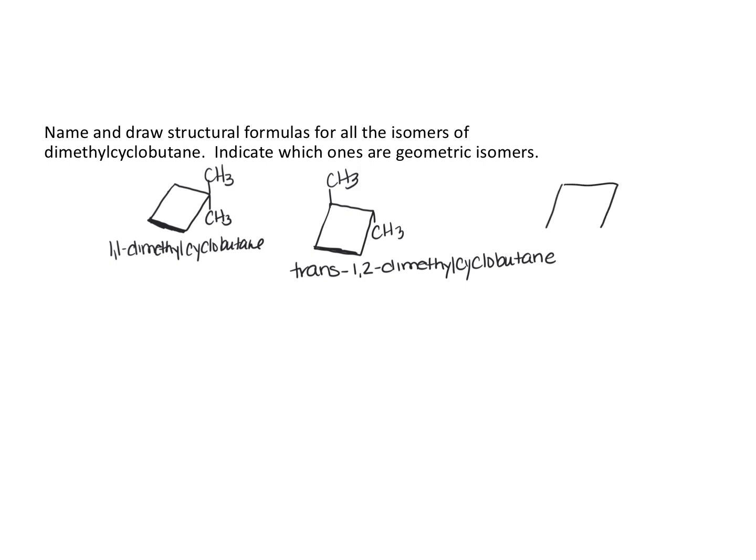So for example, if we come here and this is coming out of the front, we could have two CH3 groups, right? And that would be cis 1,2-dimethylcyclobutane.